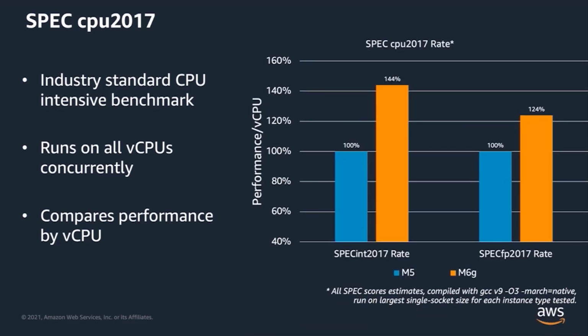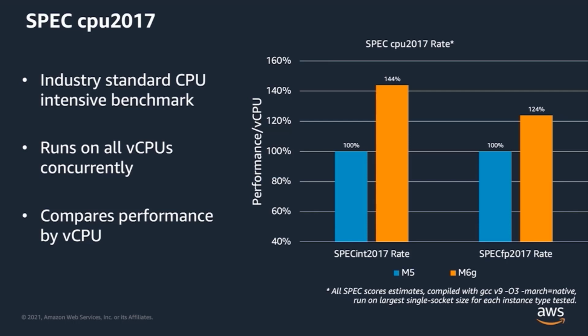It includes a wide variety of benchmarks from Perl, compiling code with GCC, route planning, Sudoku solvers, and a few others. On the floating point side, it also includes things like physics simulations and ray tracing. And so our SPEC scores estimate as much as 44% faster performance than an M5, which is pretty impressive.